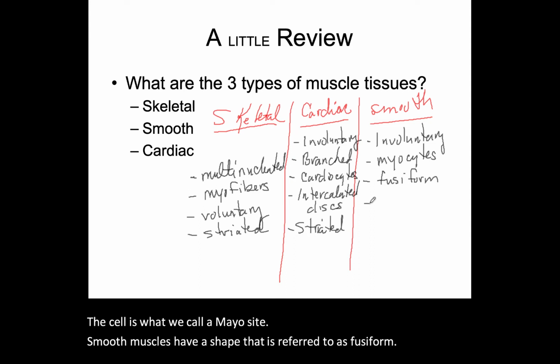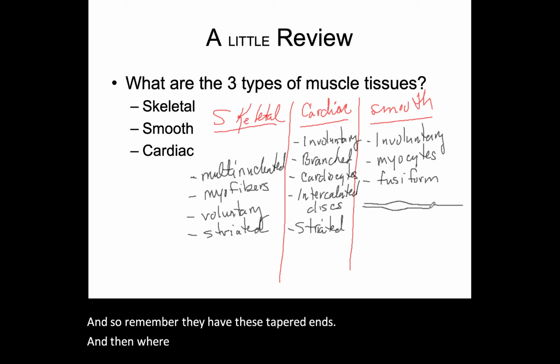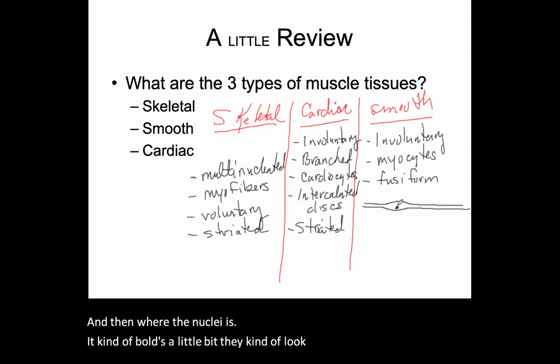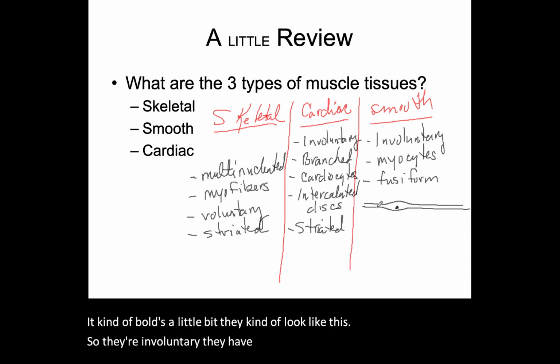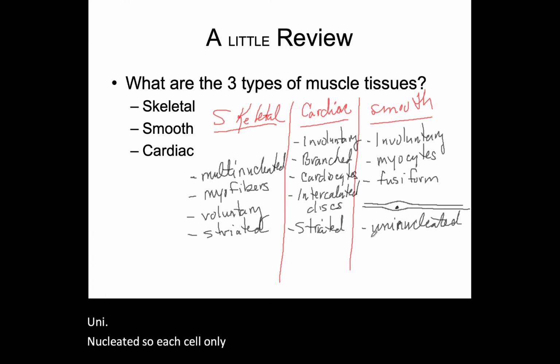And so remember, they have tapered ends, and where the nucleus is, they bulge a little bit. They kind of look like this. So they are involuntary, they have myocytes, they're fusiform, and they are uninucleated. Each cell only has one nucleus.